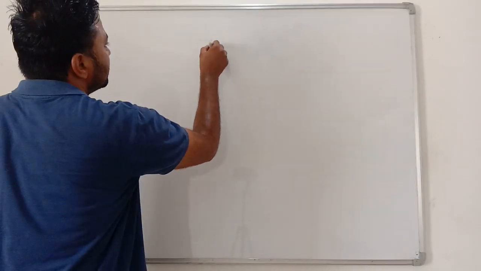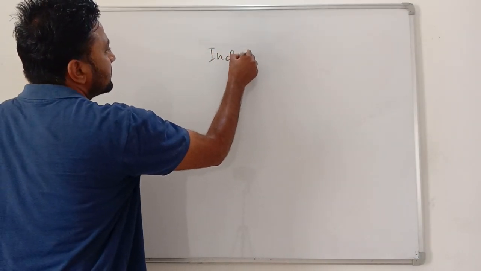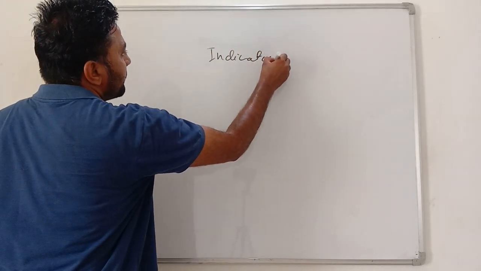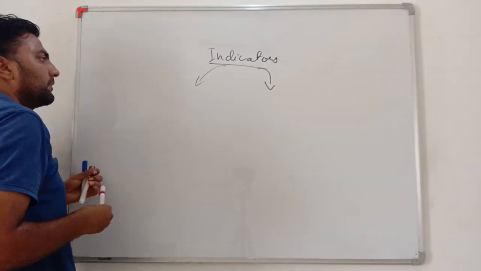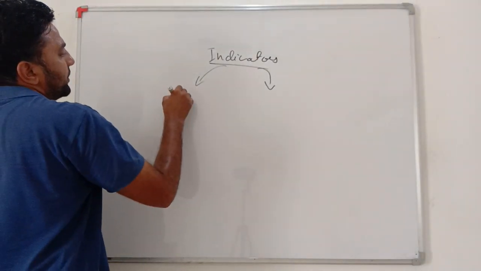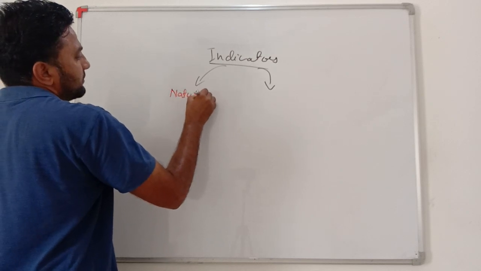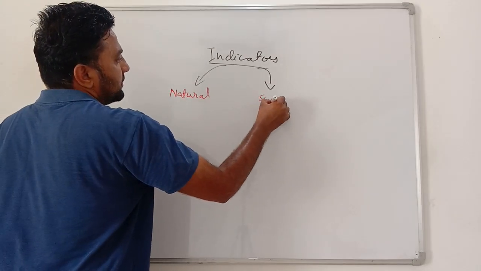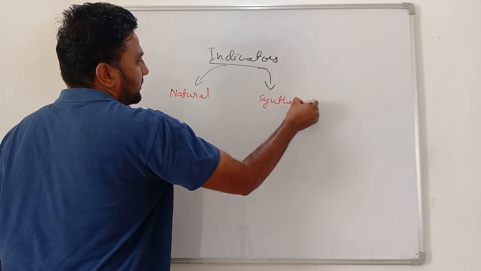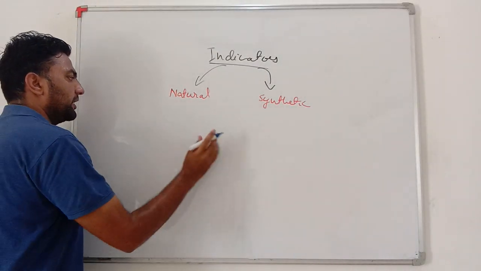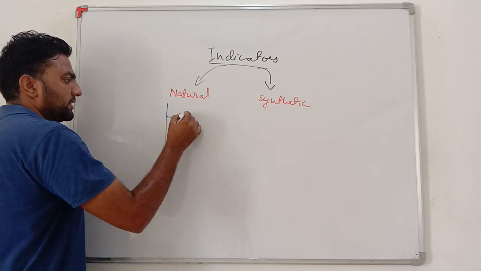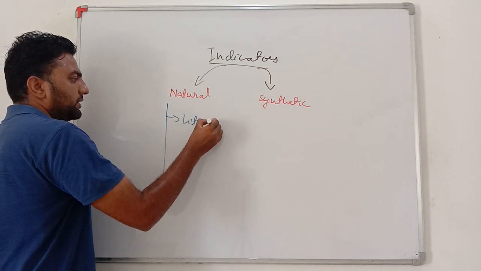Sorry, two types: natural indicators and synthetic indicators. See my dear students, in natural indicators there are many indicators such as litmus.